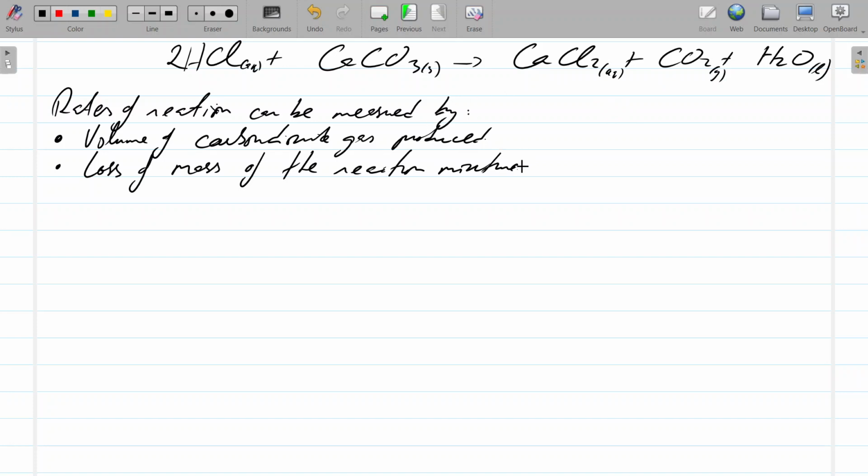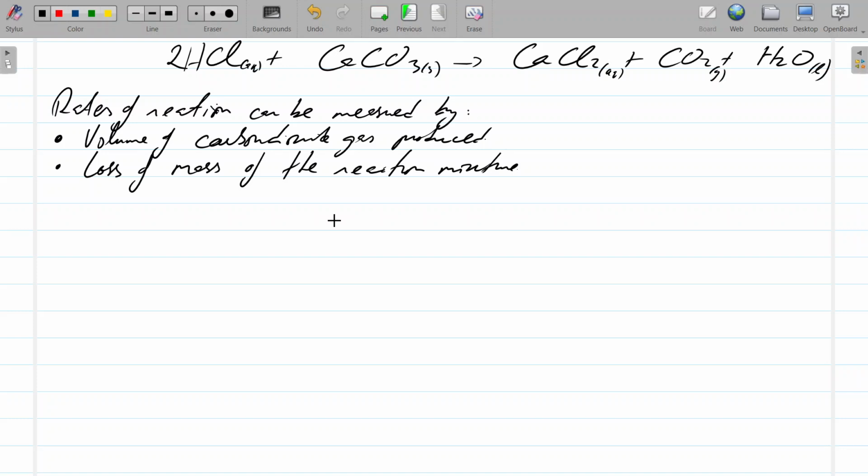And so why is the reaction mixture losing mass? Can you tell me? Haran, can you tell me why the reaction mixture is losing mass?